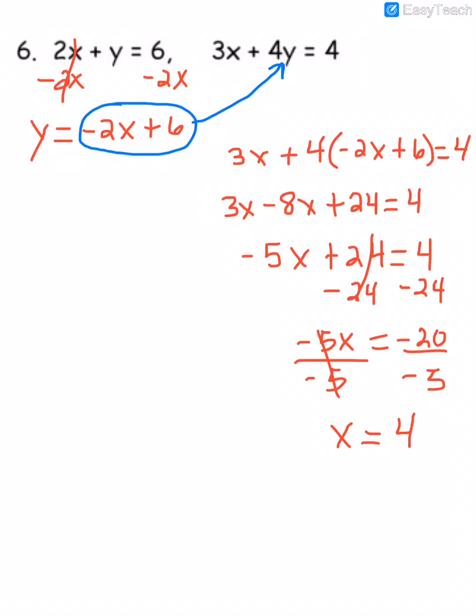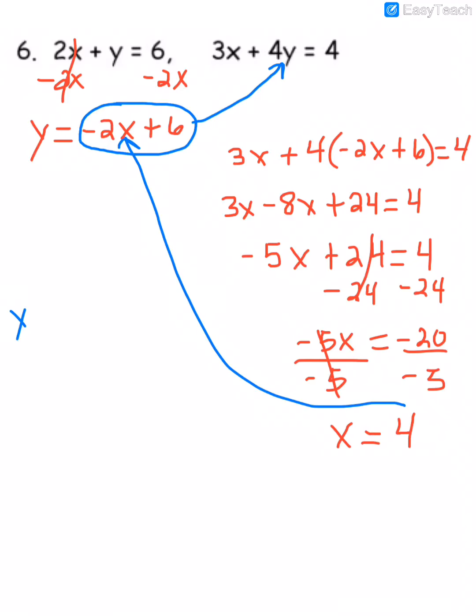Okay, that's my x. I still need y. So again, I could plug this into either one of the original equations, or this equation is still one of the original equations. It's just rearranged. And since I'm looking for y, it would be easiest to plug it into that equation since that equation has y by itself. Alright, so that's what I'm going to do. I'm going to take the 4 and plug it in right here.